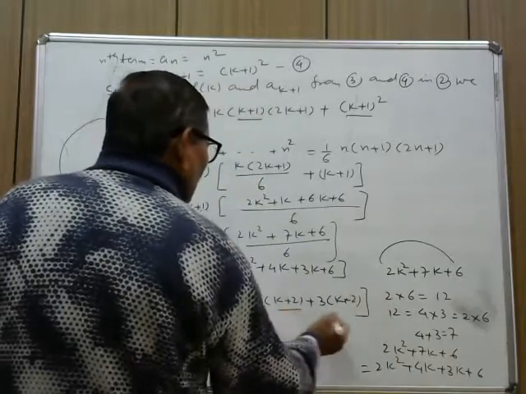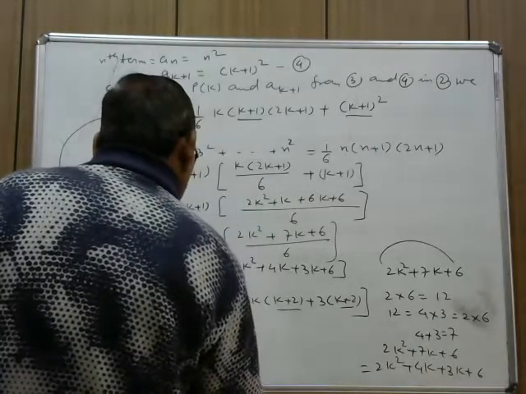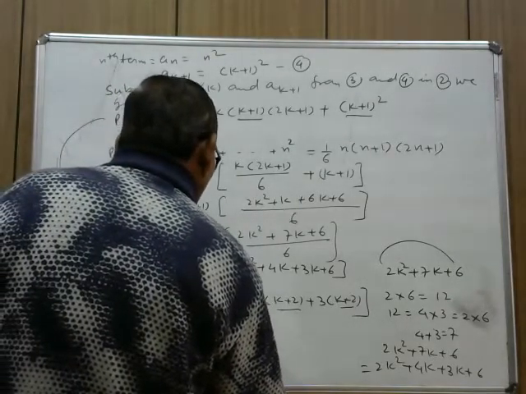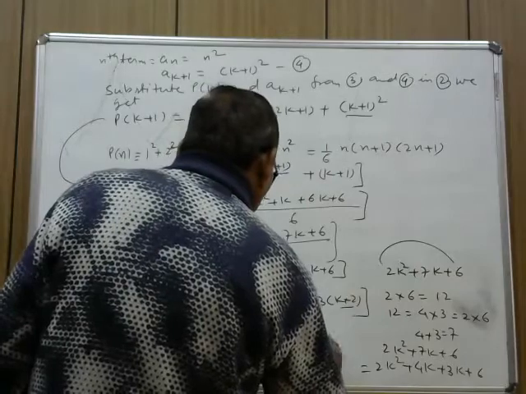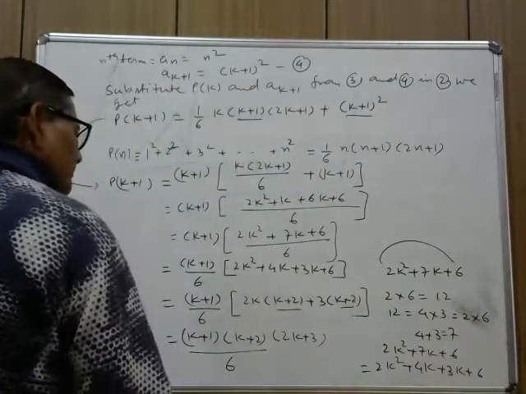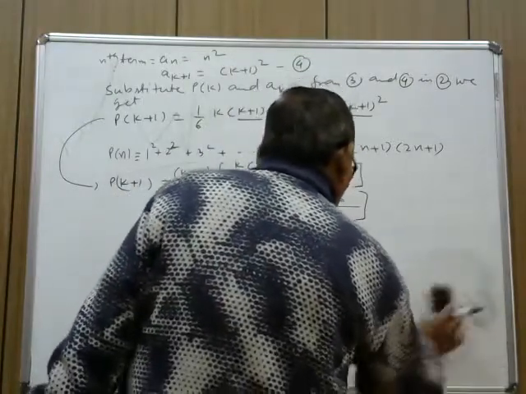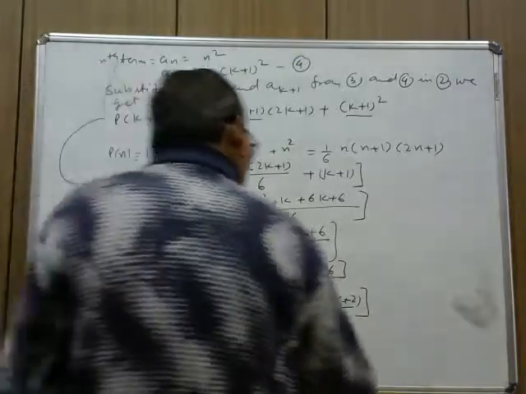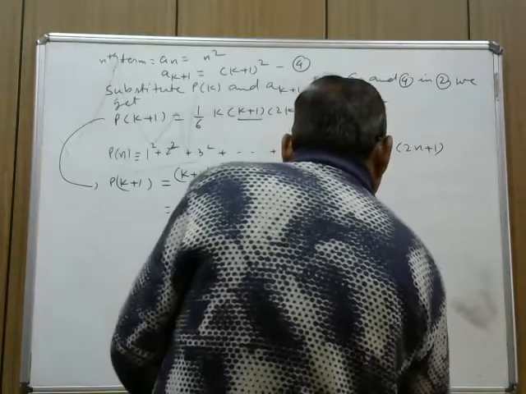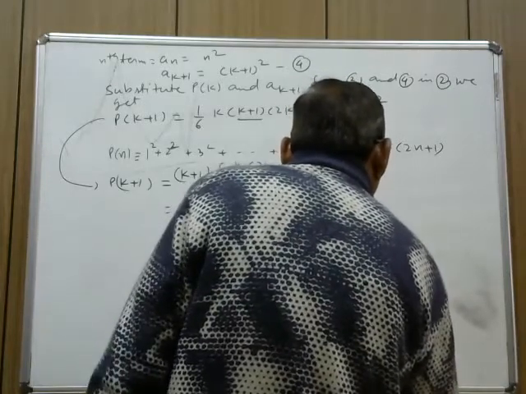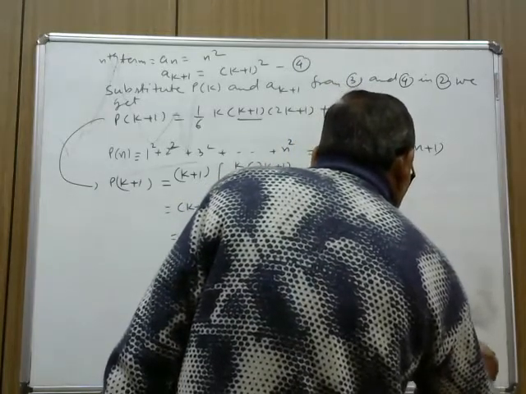Now again (k plus 2) is present in both the terms, so take it out: (k plus 1)(k plus 2) by 6 in bracket it is (2k plus 3). So this is equal to 1 by 6 (k plus 1)(k plus 2)(2k plus 3).